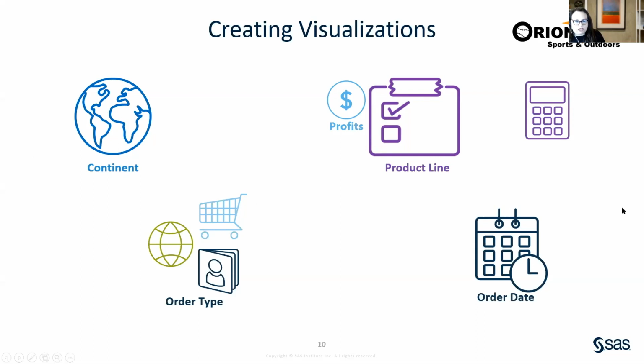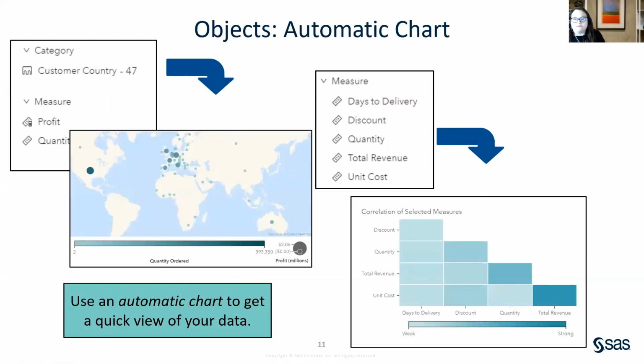So lots of different options for continent or data and location analysis. We also want to focus on profits, so we're going to be interested in which product line is returning the greatest profits, and we have some other categorical data items that we're going to focus on as well.